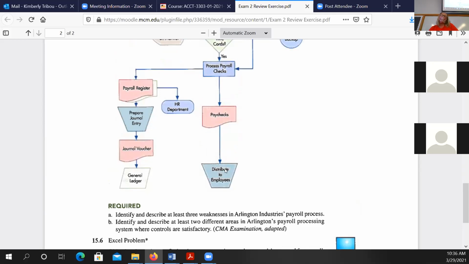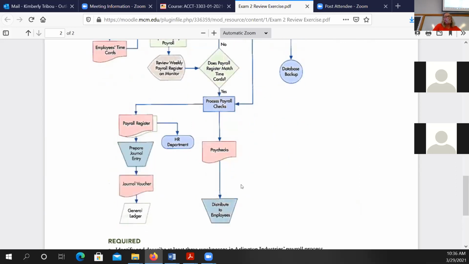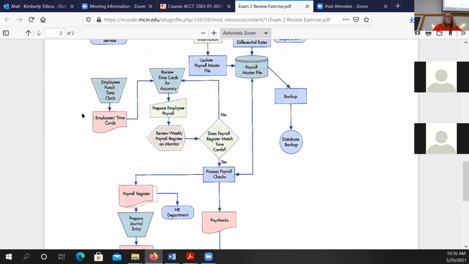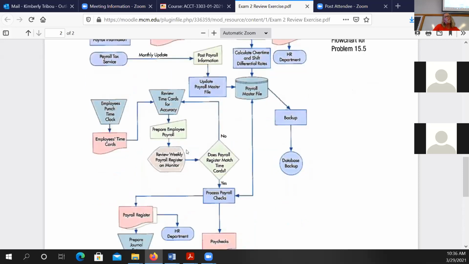I'm not asking that right, but I think this should be another one of those pill shaped boxes. Yeah, although this is denoting a manual activity, which is true. Handing out paychecks to employees is a manual activity, but you might want one at the bottom that shows employee in the pill shaped box here that shows that's where the process ends.